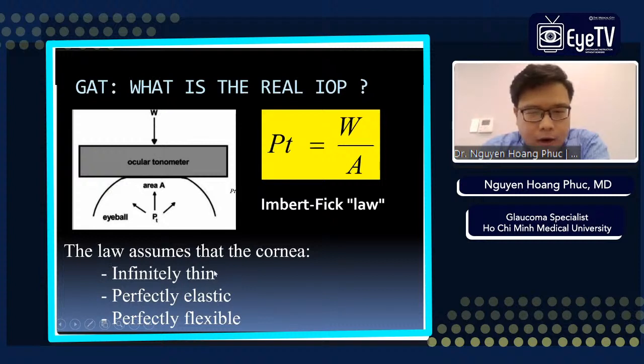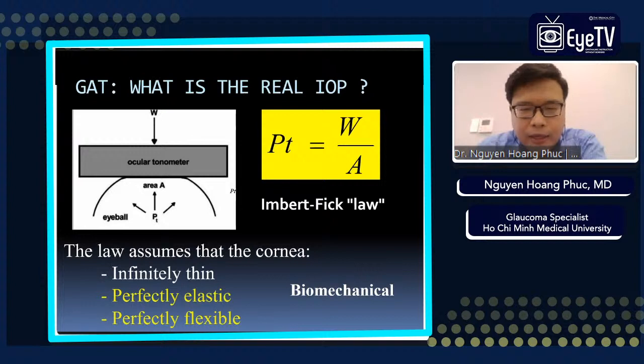The thickness of the cornea, we have also known for 20 years, is related to the IOP. But the elasticity and flexibility of the cornea, the biomechanics of the cornea, and how they affect the IOP is unclear.